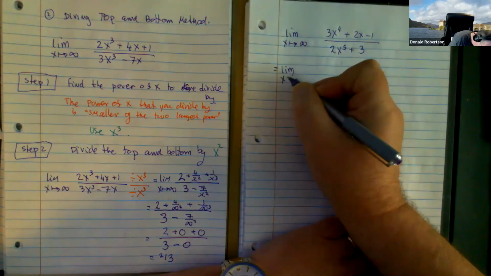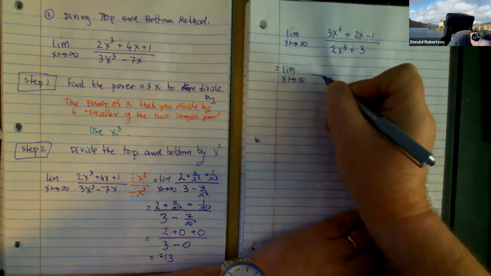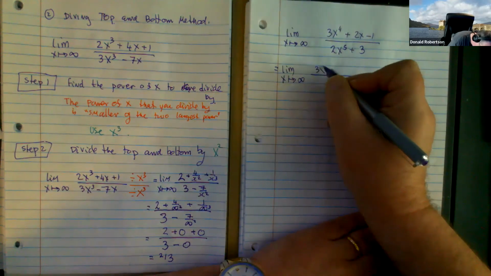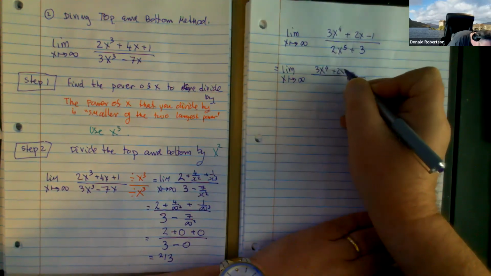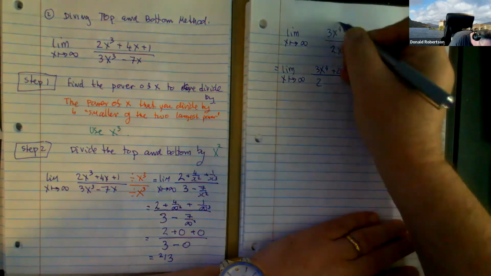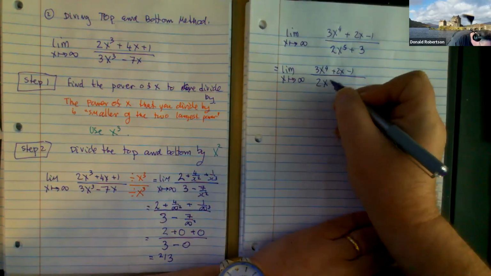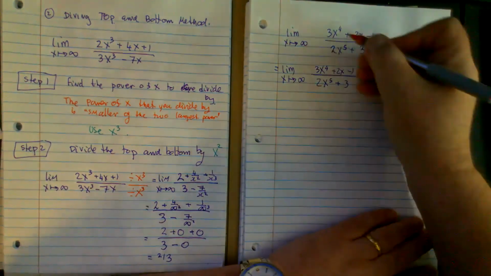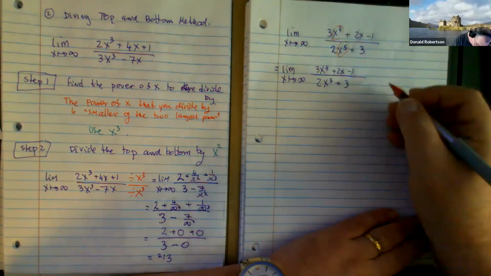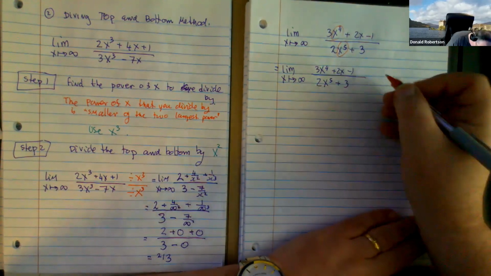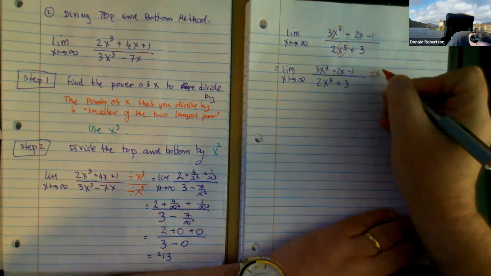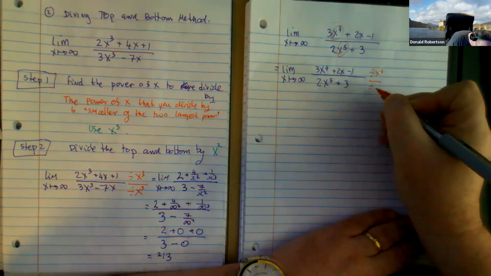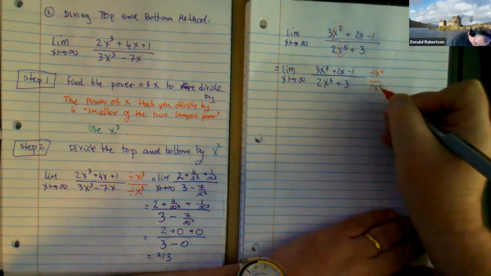What power of x will I divide the top and bottom by? Look at this. What power of x? The 4th power. I agree, right? You've got a choice between that one and that one. And the rule is pick the smaller one. So I'm going to divide the top and the bottom by x to the 4.